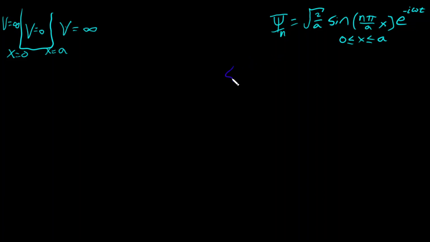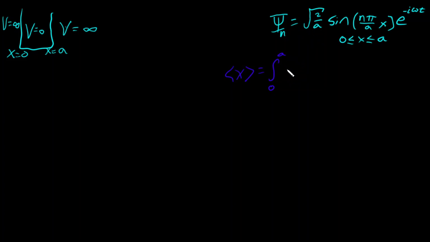So we want the expectation value of position, and of course, feel free to do these on your own. We're integrating over all values of x, but remember the only values of x we care about are from 0 to a, because this function is 0 everywhere else, so if we're integrating it, we just get 0 area.